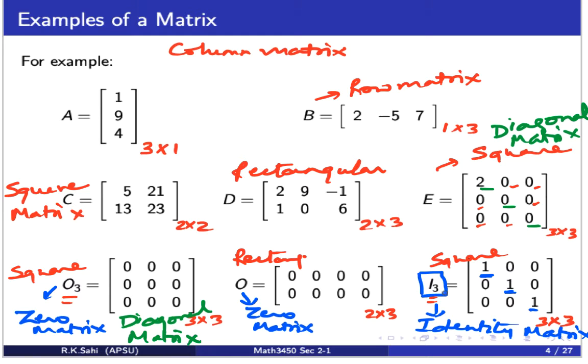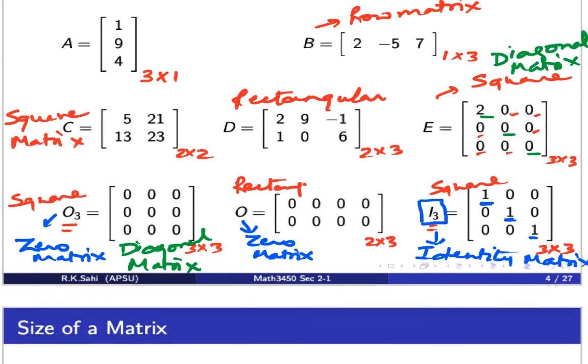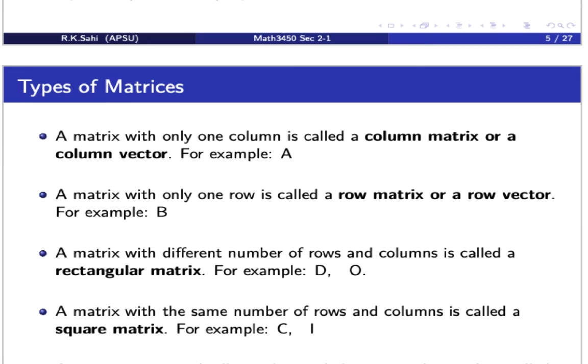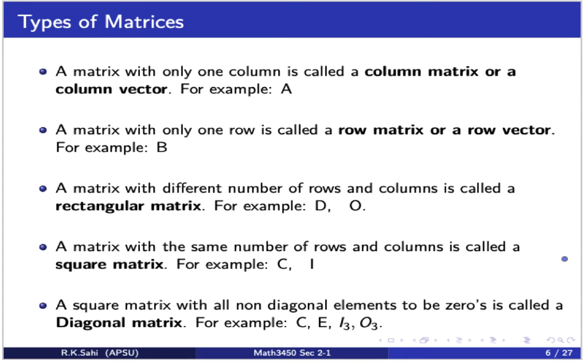As the name suggests, I stands for identity. That means every diagonal element is 1. And the subscript basically says it's a matrix of size 3 by 3. Now, all of what we have just talked about is written down in slides number 6 and 7 below.